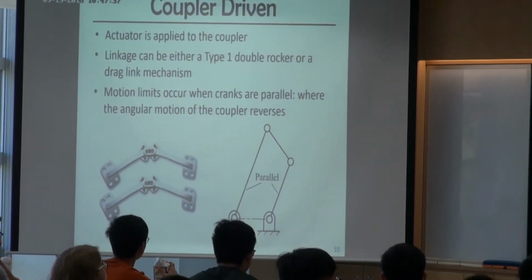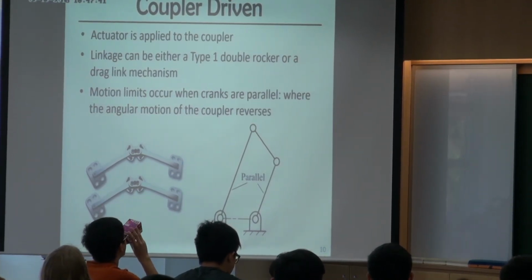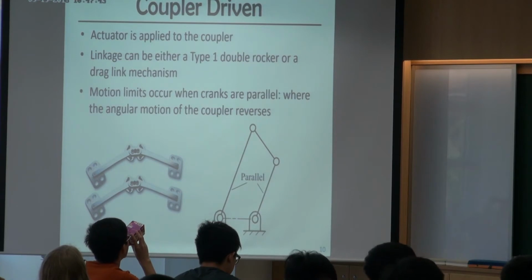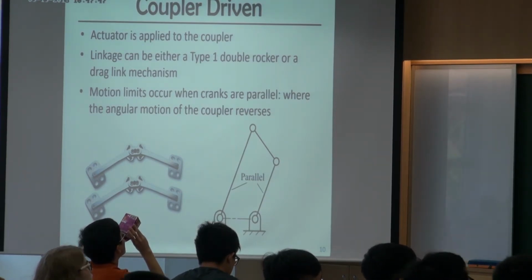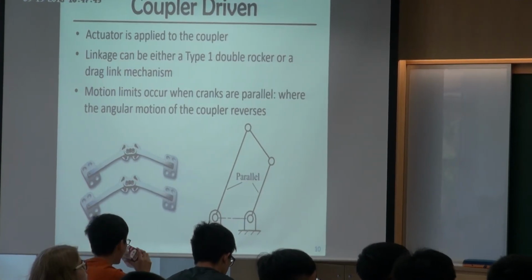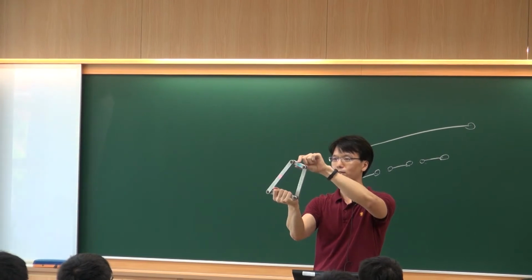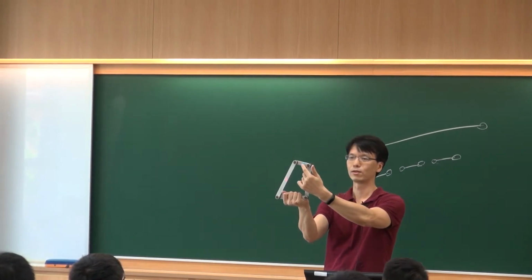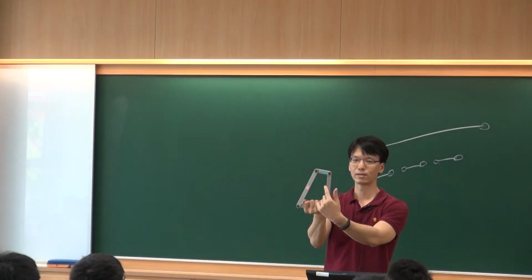We want to apply the force or apply the actuator on the coupler. What I mean is, if I fix this one, I hold this bar, coupler driven means we put an actuator on this coupler. Right now, this blue one is a coupler. It's not attached to the ground.